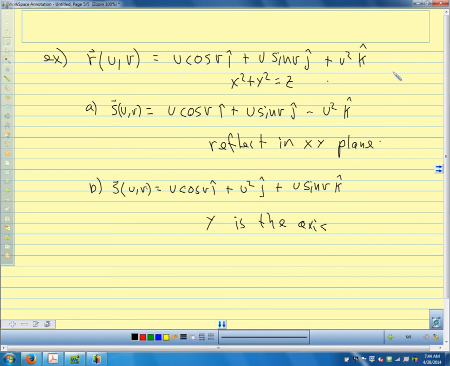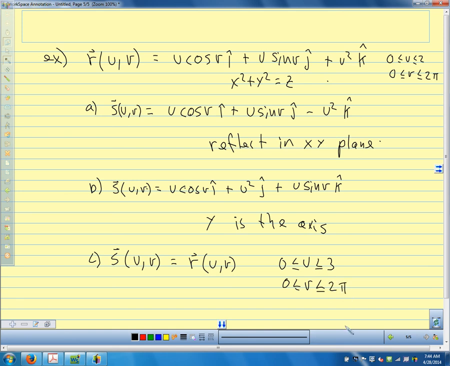Now what if I told you that this was for 0 less than or equal to u less than or equal to 2 and 0 less than or equal to v less than or equal to 2 pi. And for this one, I'm going to say our surface S of u and v equals r of u and v, where we're going from 0 less than or equal to u less than or equal to 3, 0 less than or equal to v less than or equal to 2 pi.